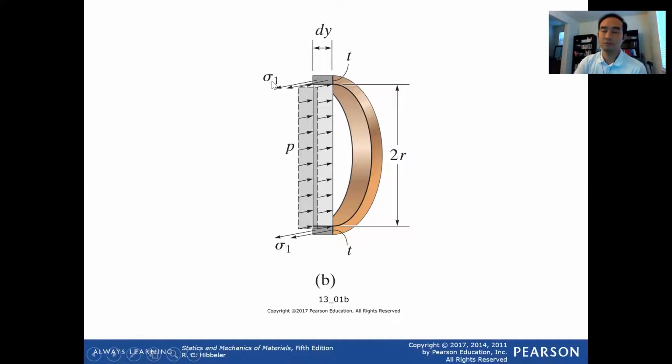Sigma 1, this is pretty easy. And by the way, this kind of problem is very popular in the FE exam, but this is very easy, so you can easily get the points.